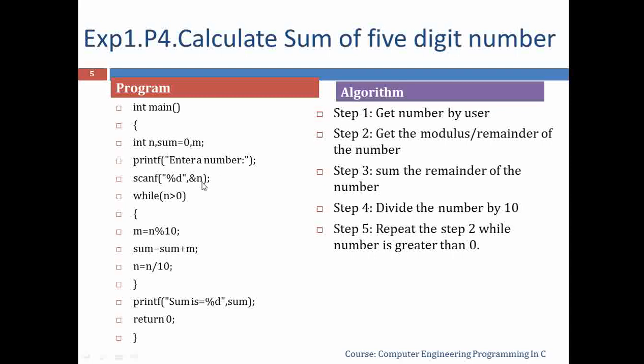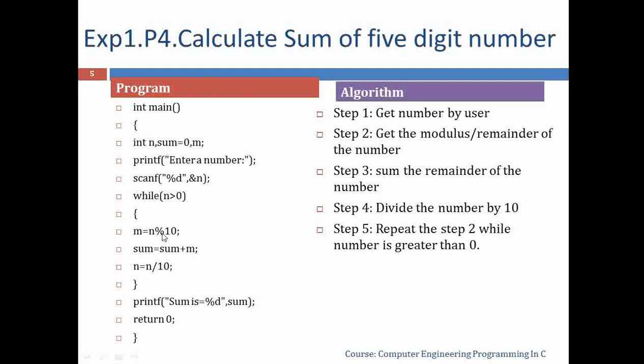Enter any number. 5-digit number entered, scan it, n is greater than 0, it is correct. When this condition is true then we'll get a remainder r is equal to n mod 10.